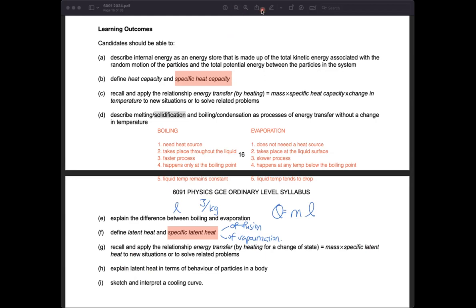Clear so far? Okay, so energy transfer is Q, this is mass, and then this is the specific latent heat.